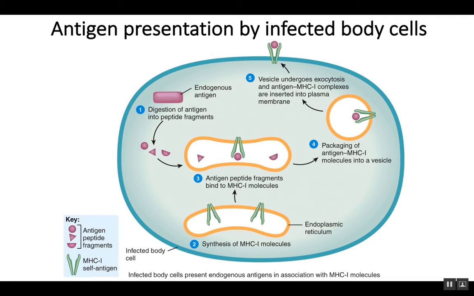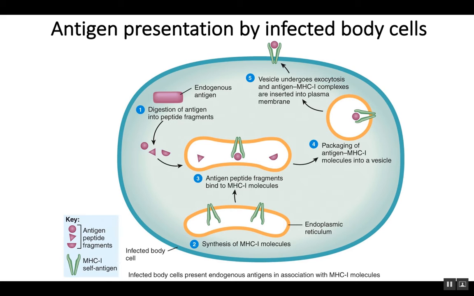Then that cytotoxic T cell is going to look for more because probably right next door there's another cell presenting the antigen, and that has to be destroyed too. So this is called antigen presentation. We have to keep it kind of straight. Who has MHC1, who has MHC2, and who do those cells present to?